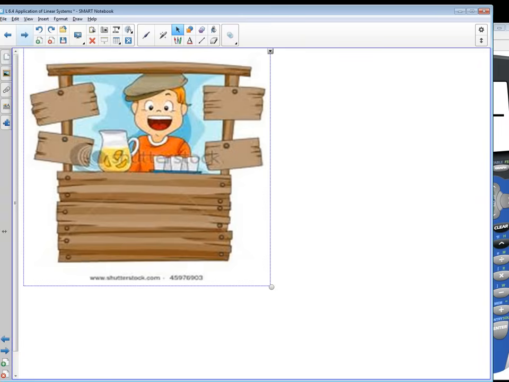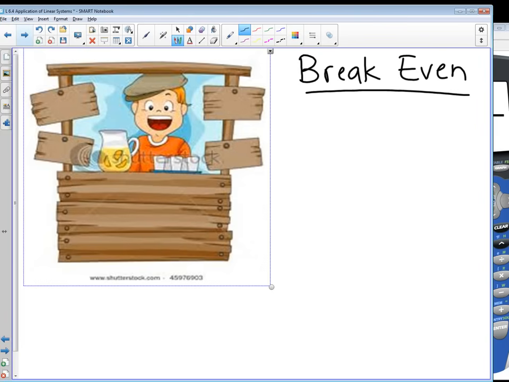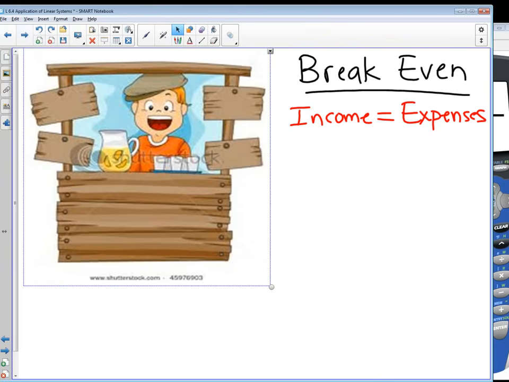Now, I've explained a little bit in class what it means to break even. I wanted to give you just a little bit more of an explanation. Basically, break even happens when your income, the amount of money that you bring in, equals your expenses. That's the amount of money that you pay out. So let's say you're going to start your own business. You're going to start a lemonade stand.